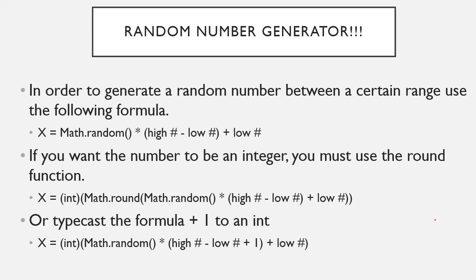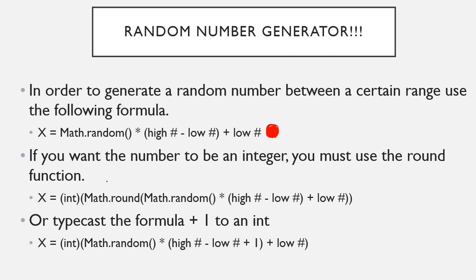Now, a lot of times we want this math random number generator. This is the formula for it, and this formula is going to need to be memorized. Now, this one is going to create a random number, but not an integer.